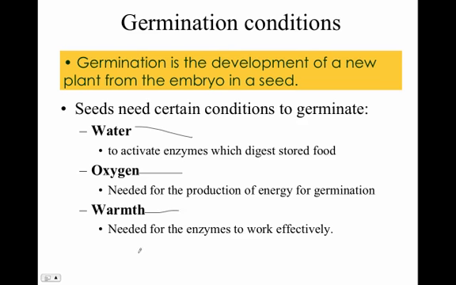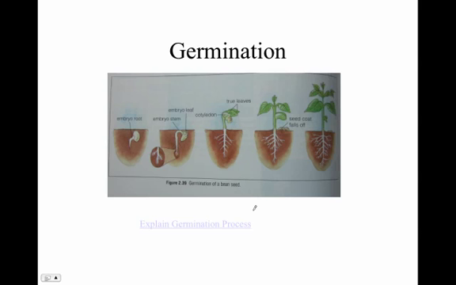Notice a seed doesn't need sunlight. Seeds start out in the ground usually, and sun is not one of the ingredients for germination. Neither is soil. Soil isn't necessary. We could grow seeds in paper towel and they would be fine for germination.